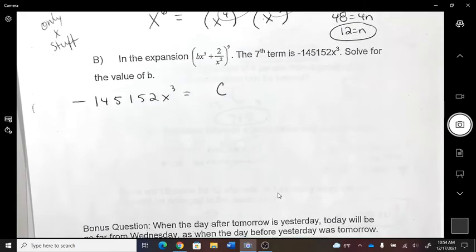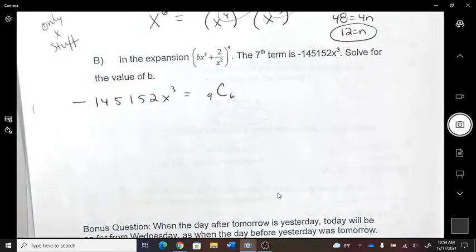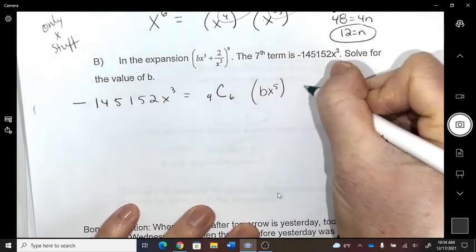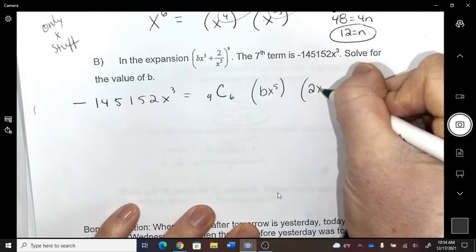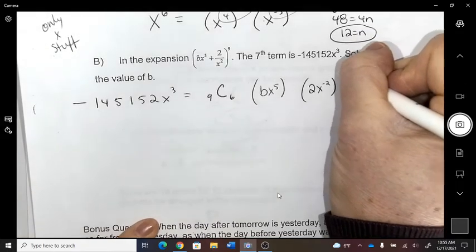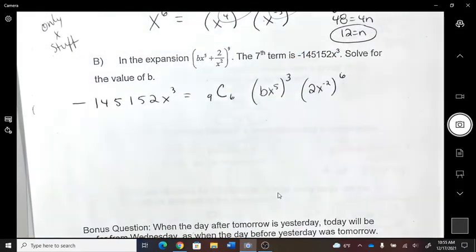What choose what? 9 choose 6. bx to the 5, 2x to the negative 2. Those are my units. So the outside would have a 6, the inside would have a 3.